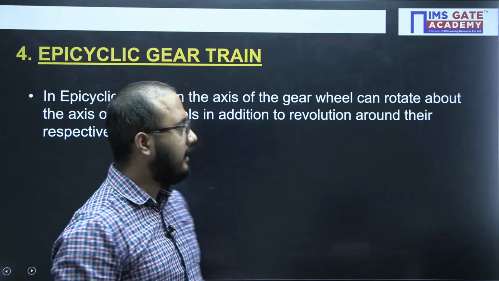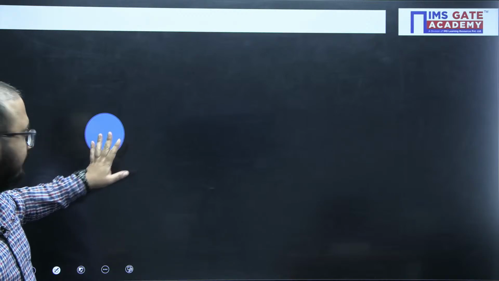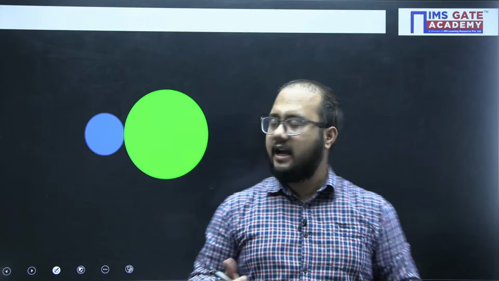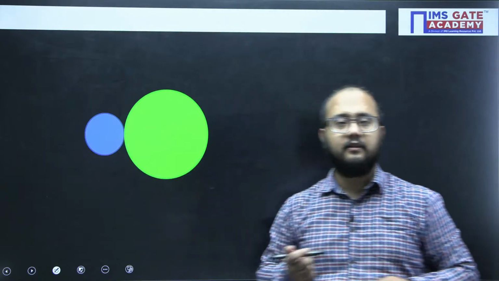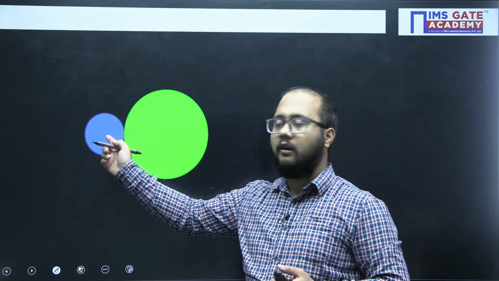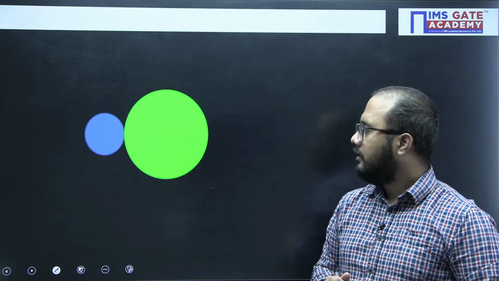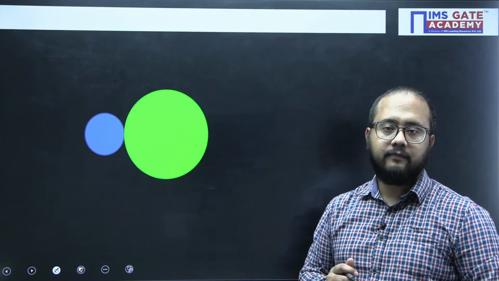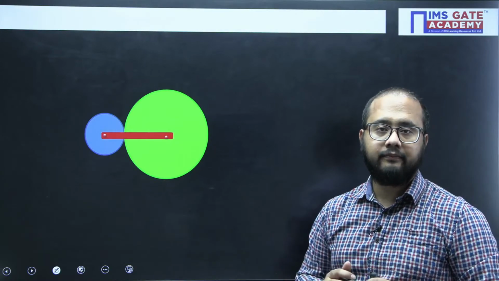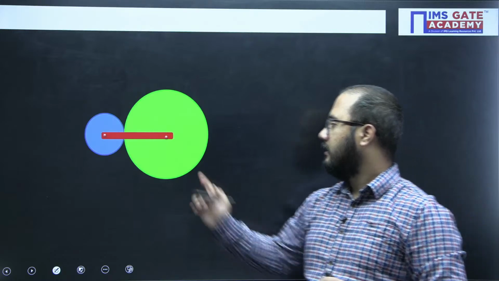Now see here. Let's suppose this is the first gear, and this is another gear. Meshing can easily happen between this blue gear and the green gear. If one rotates clockwise, the other will rotate anti-clockwise. Simple, no problem. But let us assume I connect both the gears with an arm.